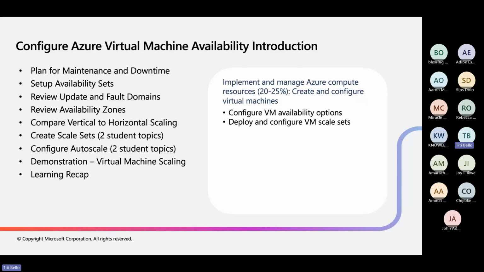Let me quickly explain some of these things. We created scale sets, compared vertical to horizontal scaling, and reviewed availability zones, update and fault domains. There are some parts here that I think I skipped, but let me go over them. I talked about them while we were creating the virtual machine, but let me highlight them.